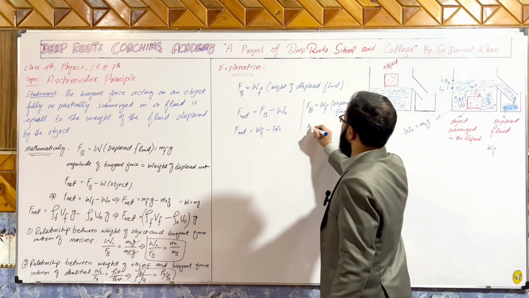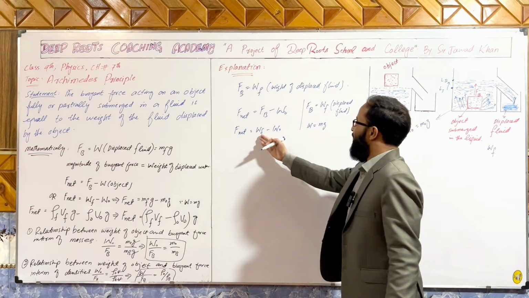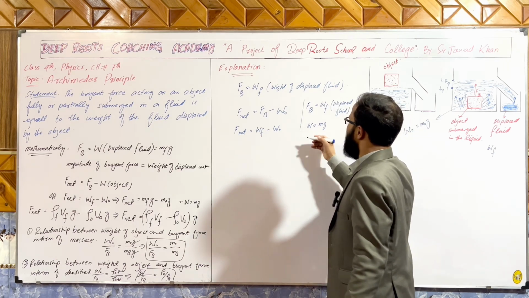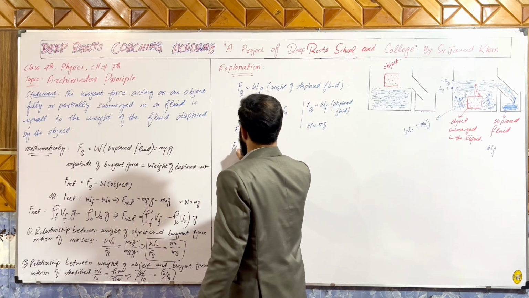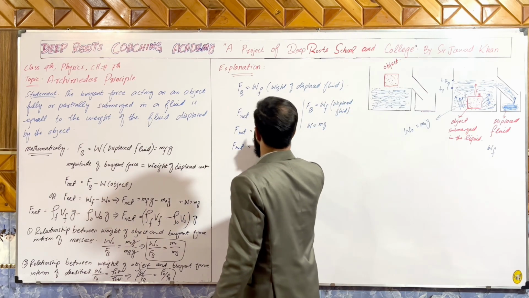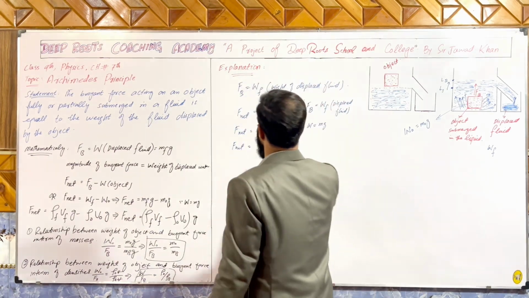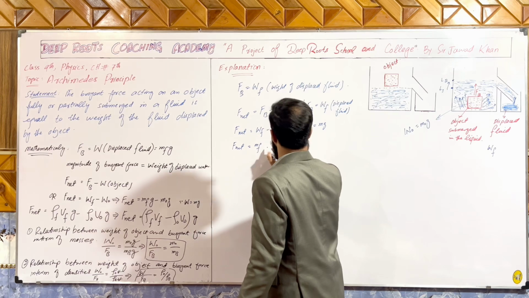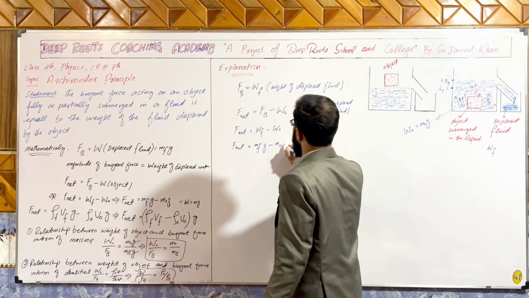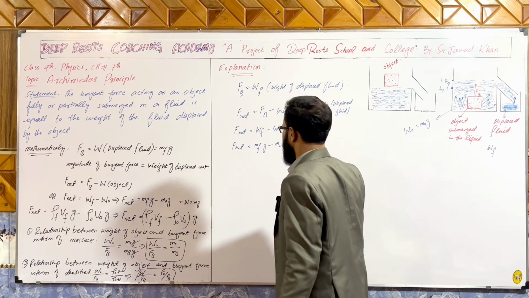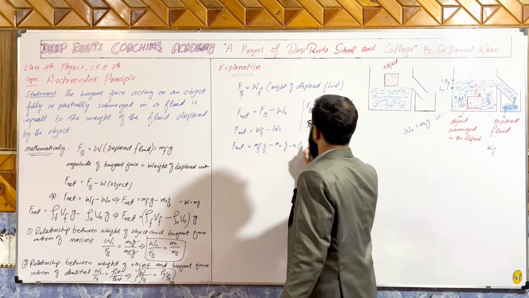Now as you know very well that W is equal to mg, so W_F will be equal to m_F g and W_O will be equal to m_O g. So F_net is equal to the mass of the fluid times gravitational acceleration minus the mass of the object times gravitational acceleration. Now, let's suppose this is equation 1.